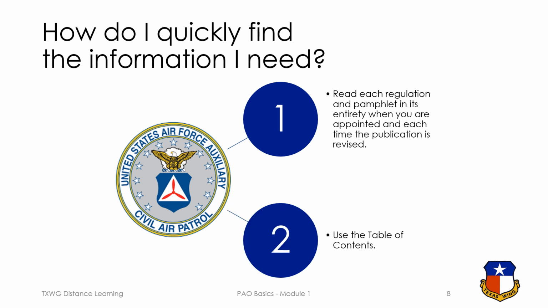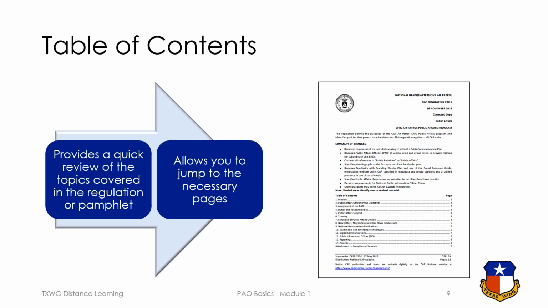Once you are familiar with the regulation or pamphlet, use the table of contents to take you to the section you need. The table of contents is found on the first page of a regulation. It allows you to immediately jump to the page you need.